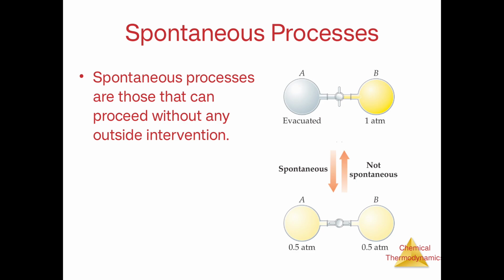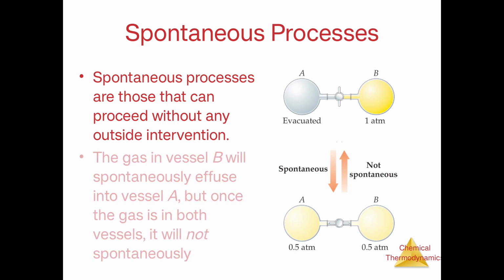So the spontaneous processes are those that can proceed without any outside intervention. What does it mean? There is no effect of the surroundings on a system. Whenever there are physical or chemical or biological changes in a system, we say it is a process. Right? So let us consider a simple example to understand the spontaneous process.